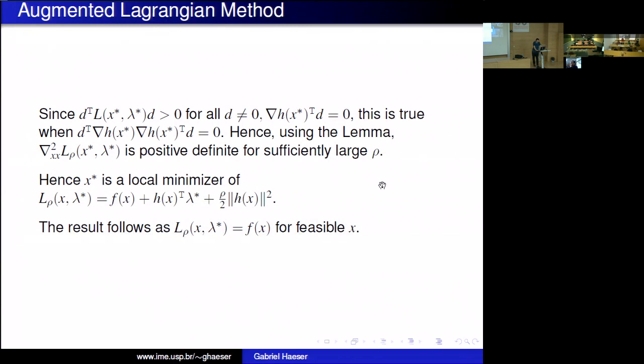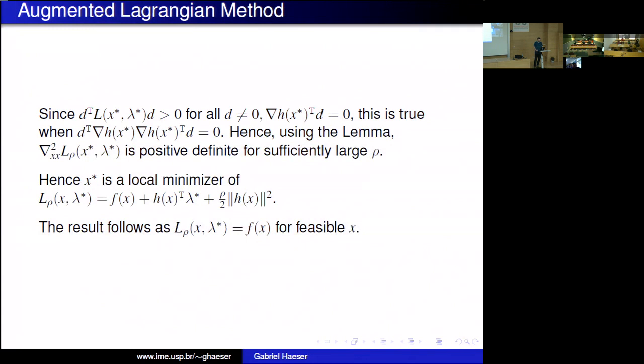Okay, so it's important here that when we compute the Hessian of the Lagrangian, we have this additional property. Under the sufficient second order condition, I had only positive definiteness on the subspace. But when I look at the Hessian of the augmented Lagrangian, I have positive definiteness in the whole space, if rho is large enough.